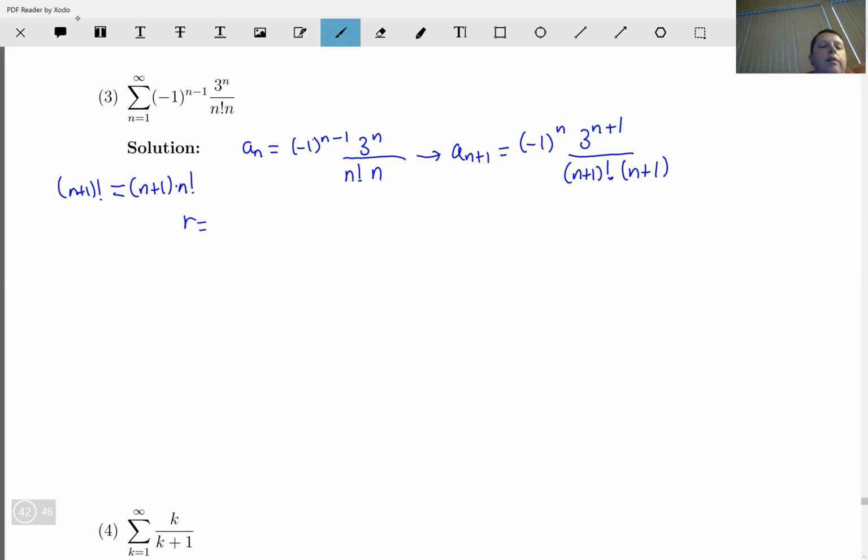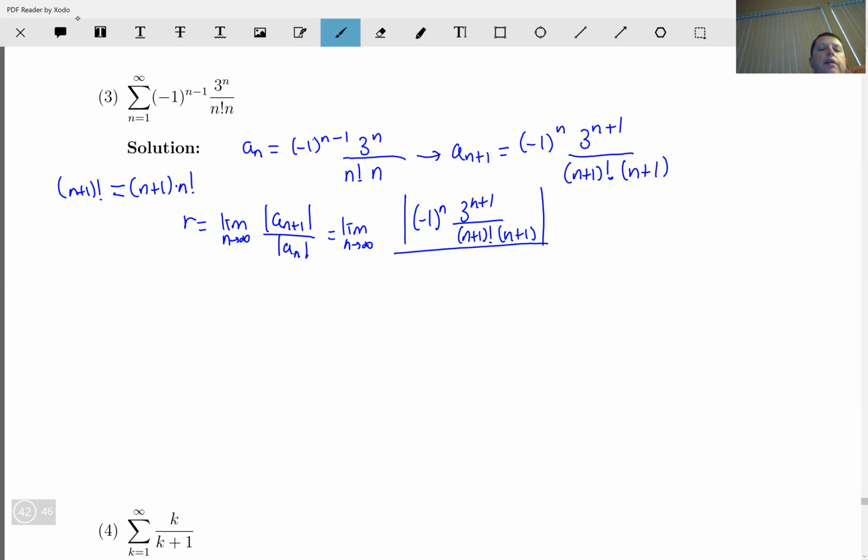All right, so r is going to be the limit as n goes to infinity of the n plus first term divided by the nth term. So we have the limit as n goes to infinity of the absolute value of (-1)^(n+1) 3^(n+1) (n+1) over (n+1) factorial, over the absolute value of (-1)^n 3^n n over n factorial.